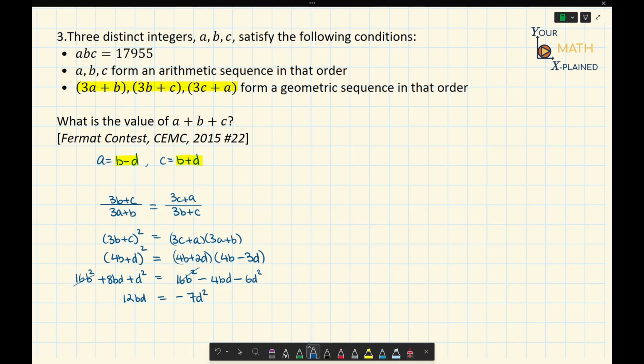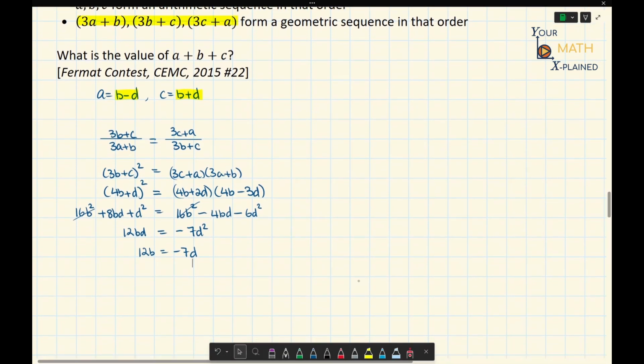And since we've already established that a, b, c being 3 distinct integers means that d can't be 0, we can divide d on both sides. And this simplifies to 12b is equal to negative 7d, which means we can now have our d as an expression of b. And we get d is equal to negative 12 over 7 times b.